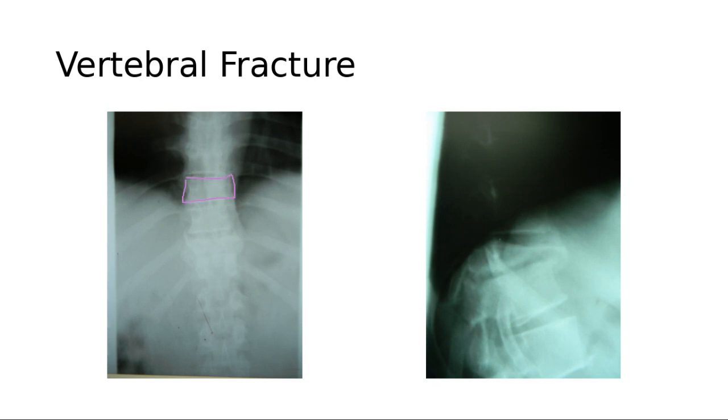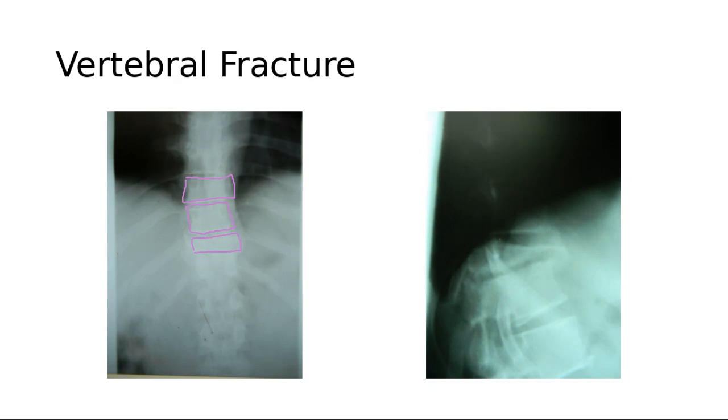And look at the one below. All right, so that's the outline. This one, however, has a fracture. And so you can appreciate how compressed this vertebra is when you compare.